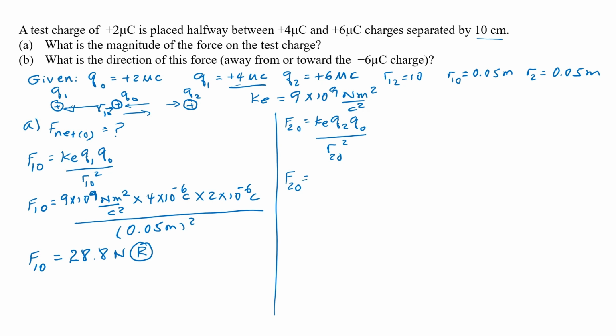Plugging in the numbers, 9 times 10 to the 9 newton meter squared per coulomb squared, multiplied by the charge on Q2, which is 6 microcoulomb, 6 times 10 to the minus 6 coulomb, multiplied by the charge on the test charge, which is 2 microcoulomb, 2 times 10 to the minus 6 coulomb.